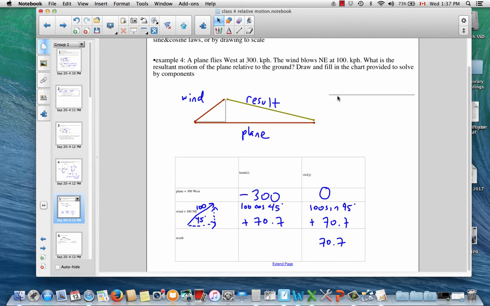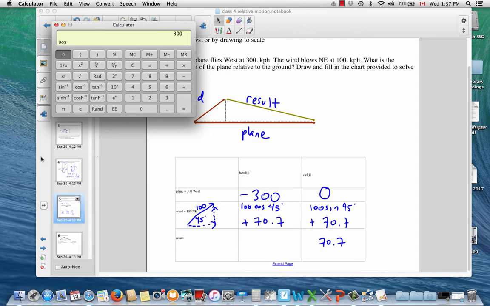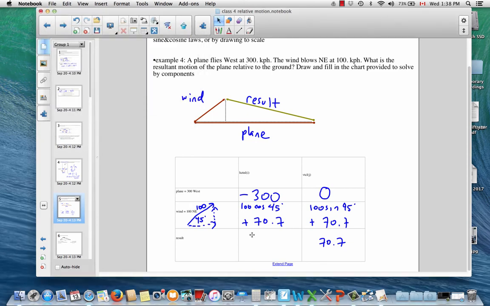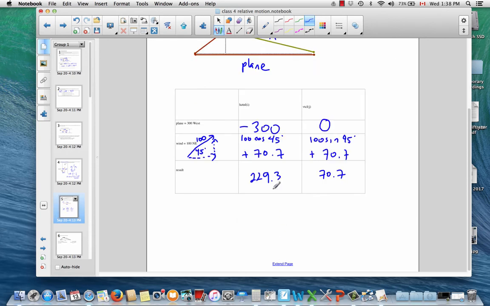Well, the plane vector was 300 in the negative direction, and the wind was 70.7 positive, so it's negative 300 plus 70.7 to find the resultant component there. So negative 300 plus 70.7 is negative 229.3, if you just add those 2 numbers. And that gives us the 2 components of the resultant.